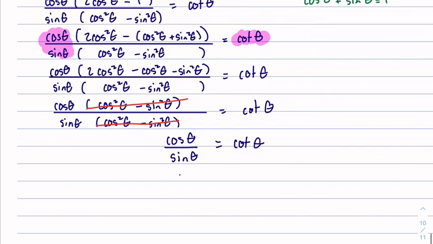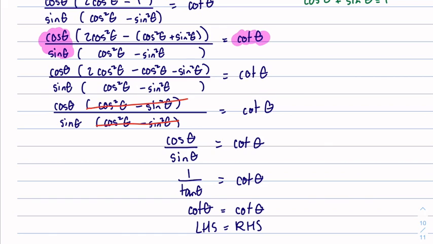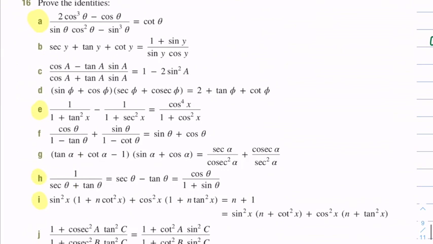We already know this is cot theta because it's the opposite, it's upside down tan. I mean, I could do that extra step. 1 on tan theta equals cot theta. So cot theta equals cot theta. Left hand side equals right hand side. Nasty. Okay, next one. E.